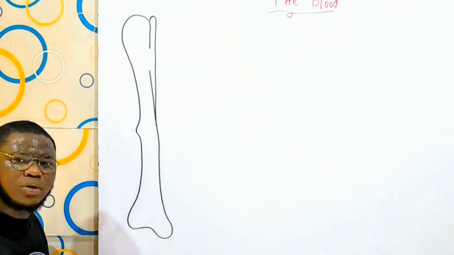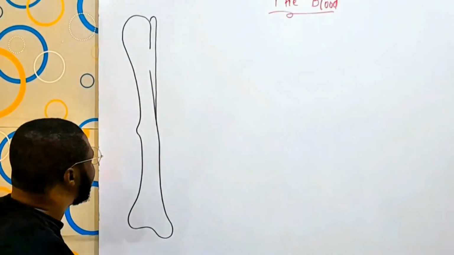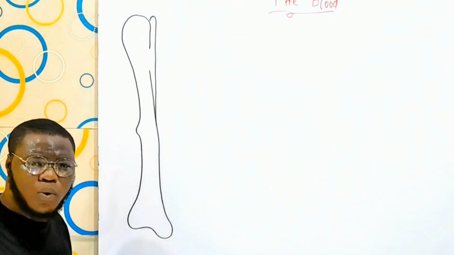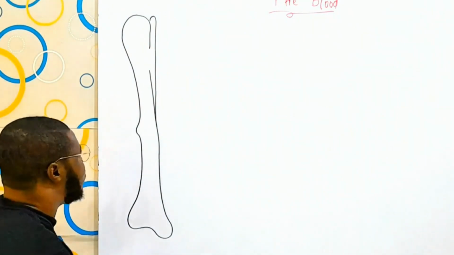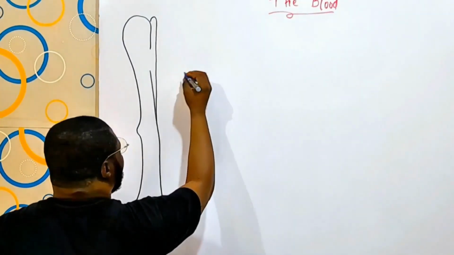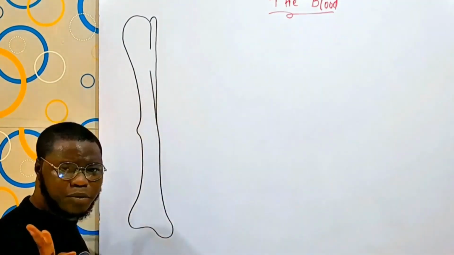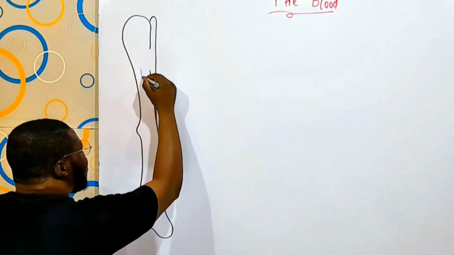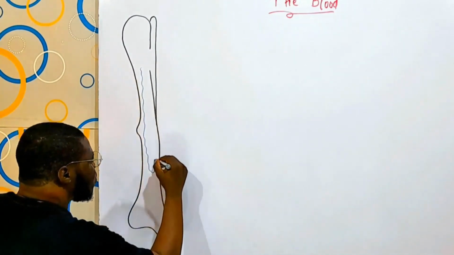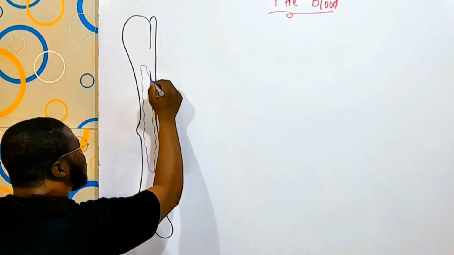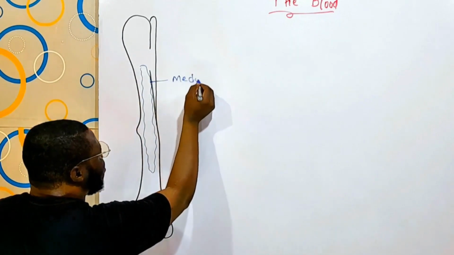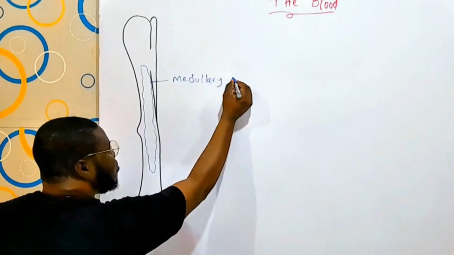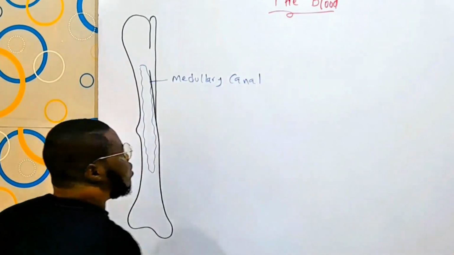This is a typical long bone in the human body, and it has something called the bone marrow. We have mainly two types of bone marrow. Within this bone, this part has a cavity, and this cavity is called the medullary canal.